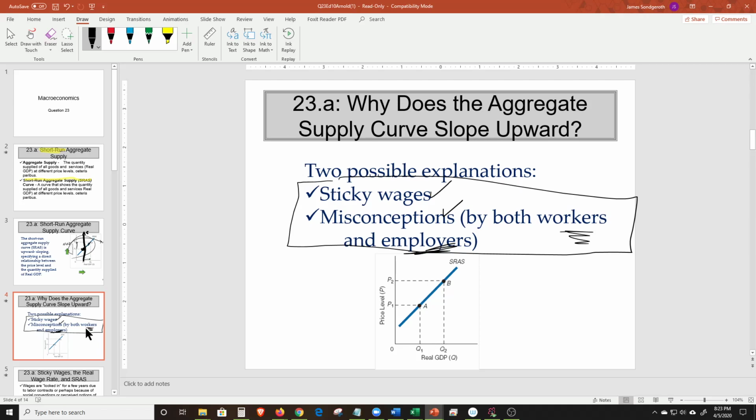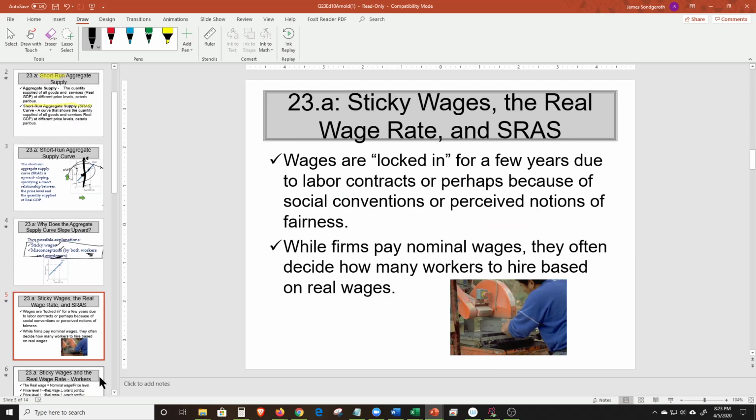And also, I think misconceptions of employers about what the price of their product might be able to sell it for. So let's go with the sticky wages, and I'm going to stick directly here with the textbook because I don't like to think too hard about this, because thinking hard about it makes you less than happy about this explanation.